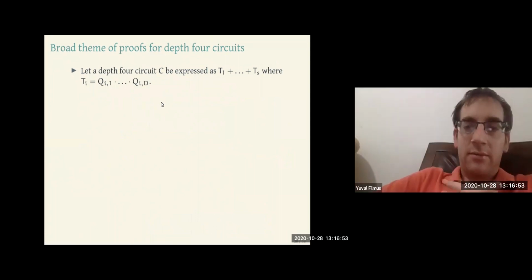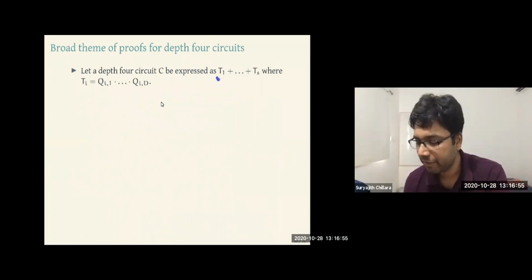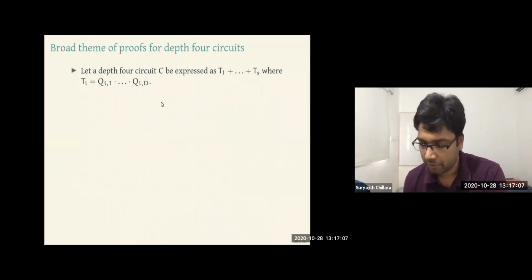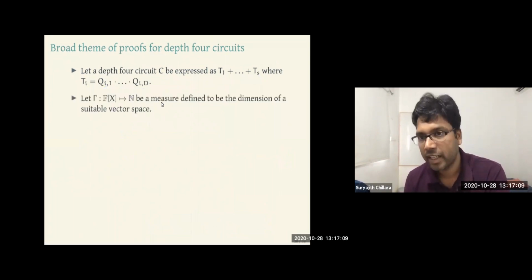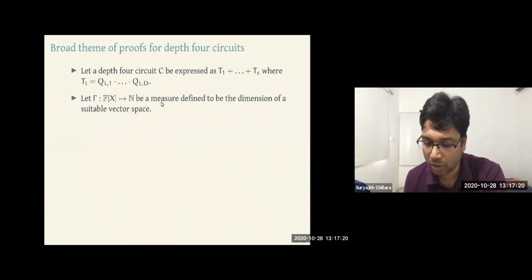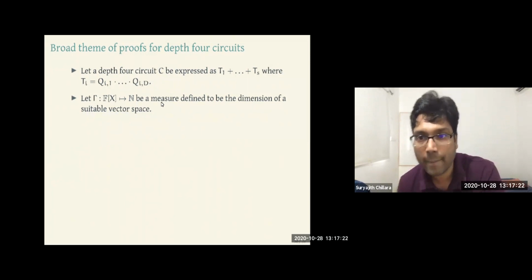In particular, suppose we have a depth-4 circuit. As I said, it can be expressed as a sum of products of polynomials. Further, let us define a measure gamma, which is defined to be the dimension of a suitable vector space that is related to the polynomial in question.